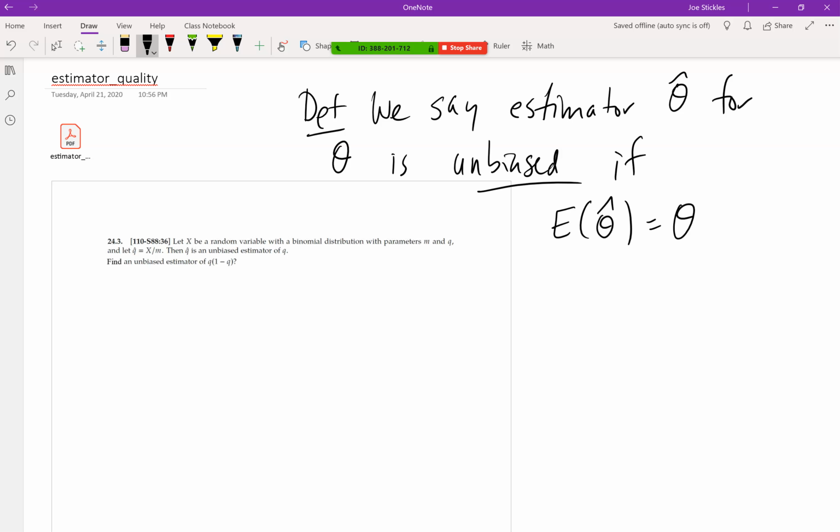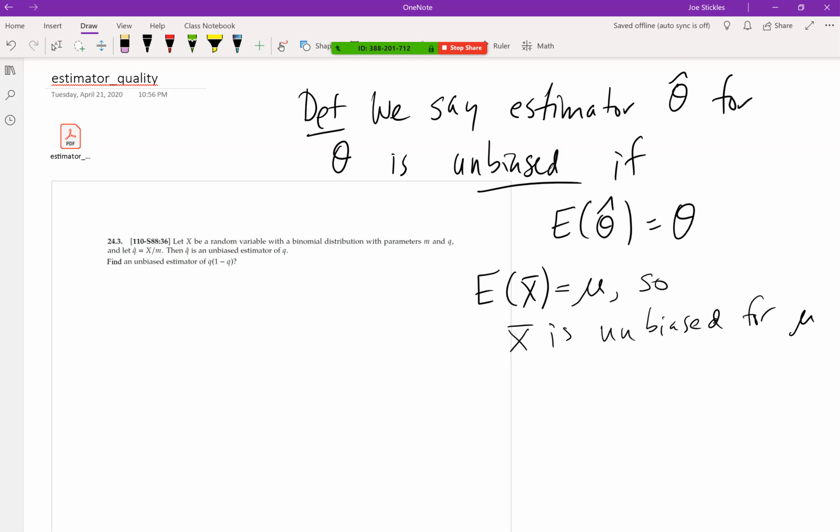We've seen examples of both biased estimators and unbiased estimators. For example, when we do the expected value of our x bar, the sample mean, the expected value of that is our population mean. So x bar is an unbiased estimator for the population mean.